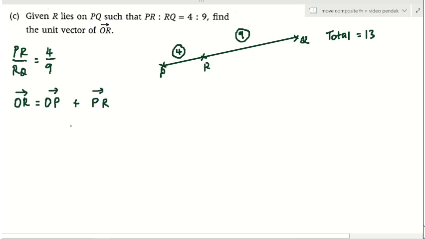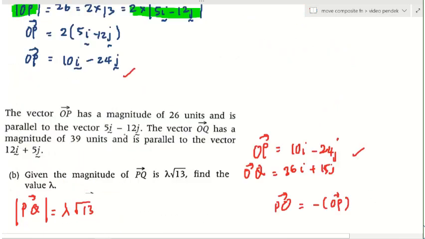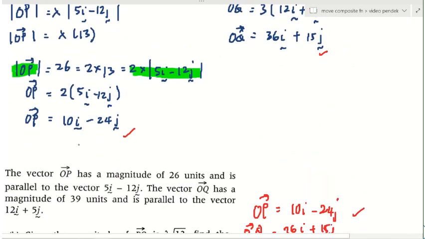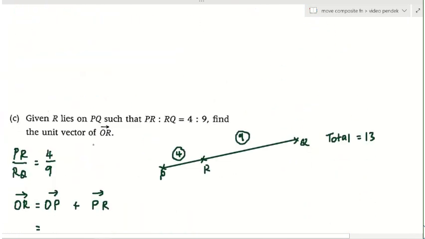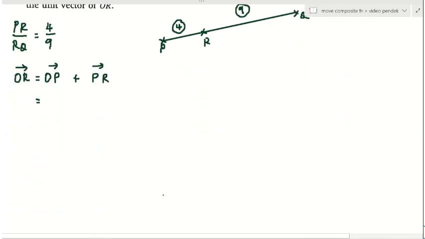What is OP? What is PR? OP we know from question A: OP is 10I minus 24J. So 10I minus 24J plus PR.